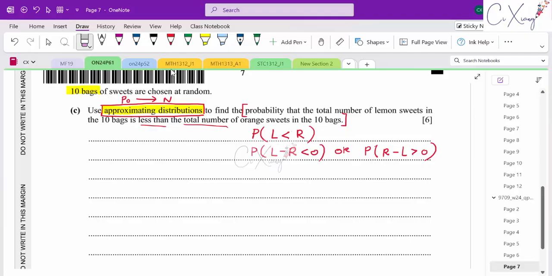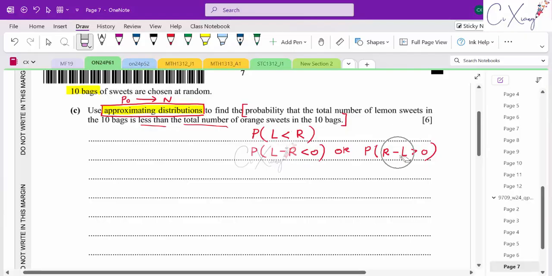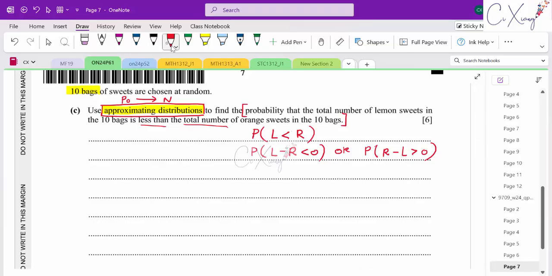Before that, we have to set up our question first. At the end of this question, I want to find either this probability or this probability. Let us set up the L first. For L, the lemon, it is originally Poisson distributed. So the mean lambda will be 3.7 for one bag. But currently you're having 10 bags, so you have to multiply by 10.